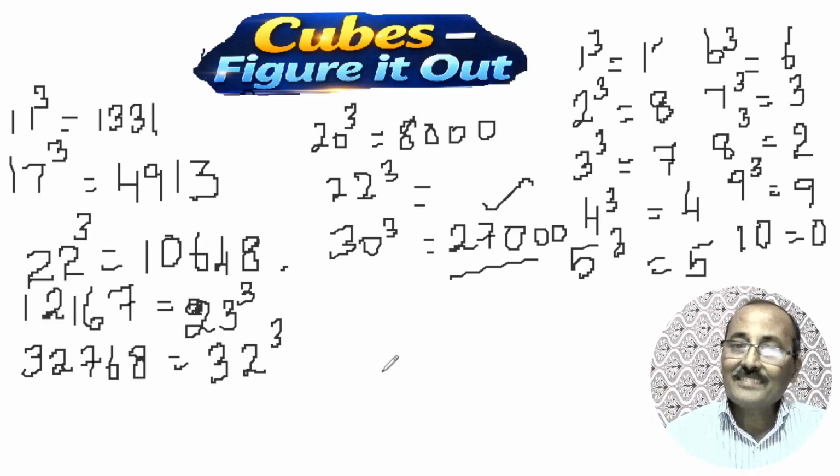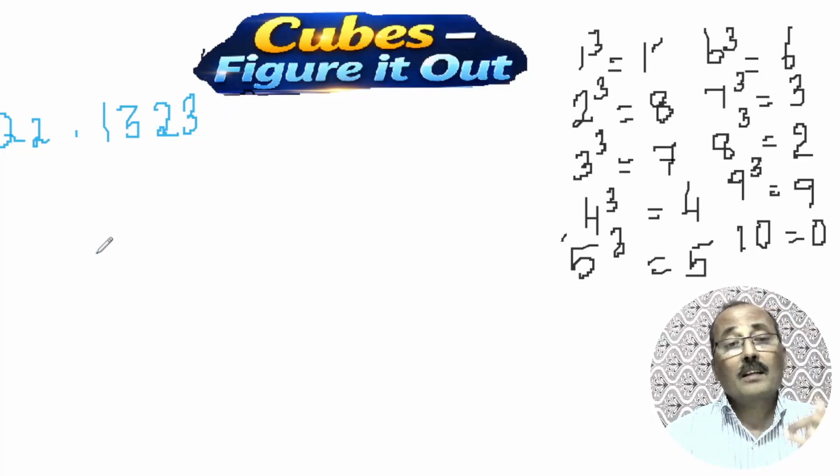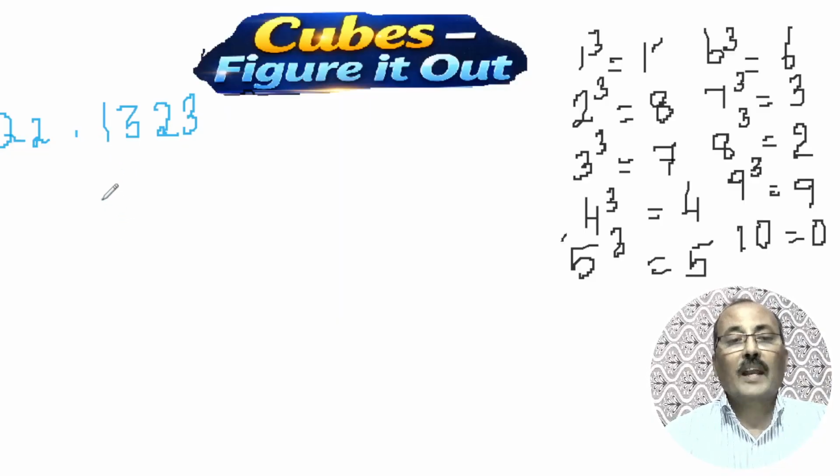Are you clear? Now 1323 is the number. You have to check whether it is a perfect cube or not. What do you do? To check a perfect square, you did prime factorization.